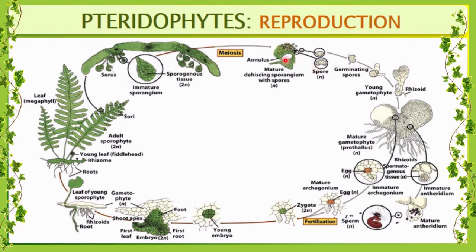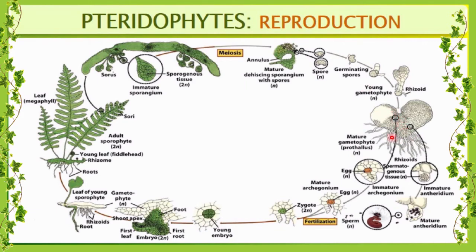The spores may be of a similar kind in the case of homosporous, and may be different in the case of heterosporous. Then the spores will germinate and form this kind of mature gametophyte.